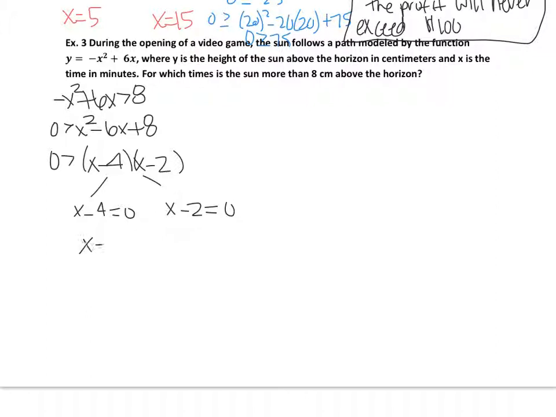So I've got a test point of 4 and a test point of 2. On a number line, if I set that up, I've got 2 and 4. So I am going to have 3 testing intervals, and I'm going to pick numbers in each of those intervals to test. So 0, 3, 5.